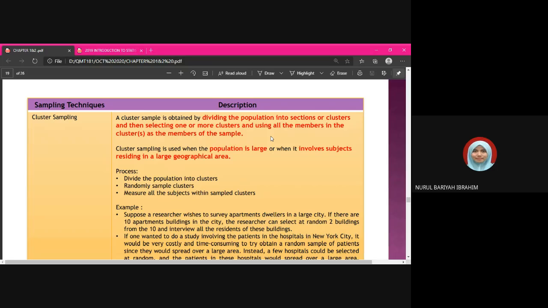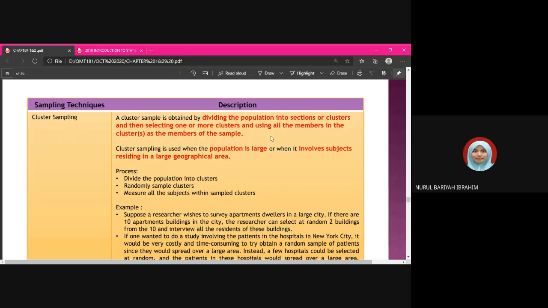Okay, kalau strata, kita ada 5 strata, kita akan pilih sampel daripada setiap strata. Tapi untuk cluster, kita ada 5 clusters, kita hanya pilih 2 clusters sahaja, tetapi kita akan ambil, we take all the sample from these 2 clusters.